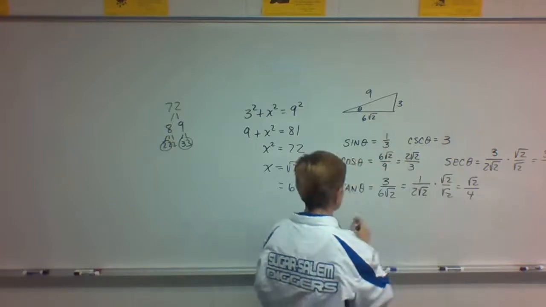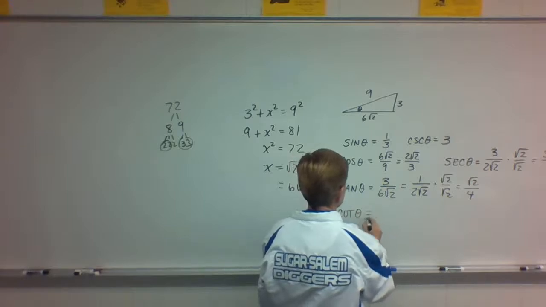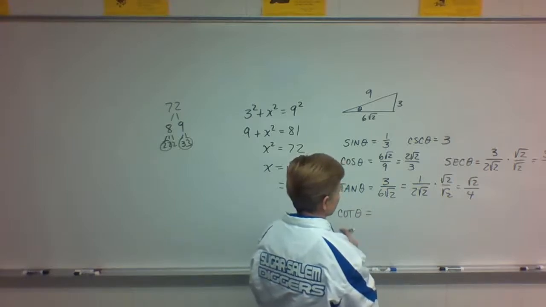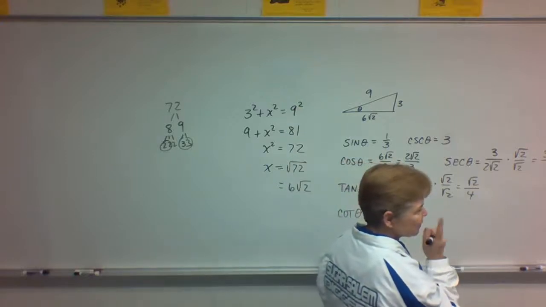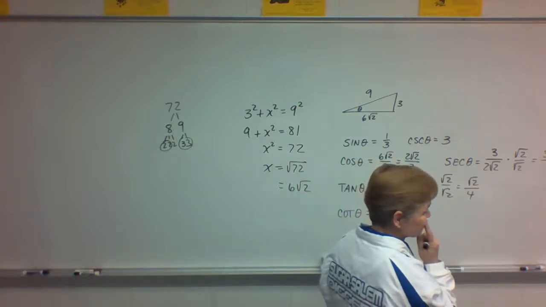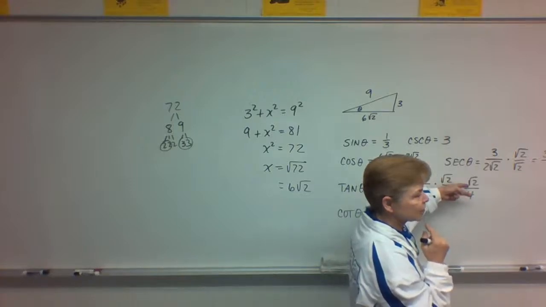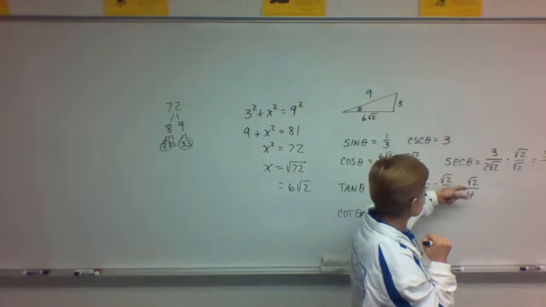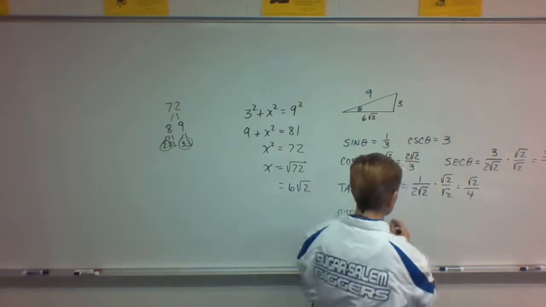I don't have enough space over here, so I'm going to do it down here. What is the cotangent of theta? Where are you going to start? Listen carefully. If it were me, because I don't know what to expect on these things, I would not use this version of it, because as soon as I tip it over, I've got an irrational in the denominator, right? Use this version, because if you tip that over, you get 2 root 2.